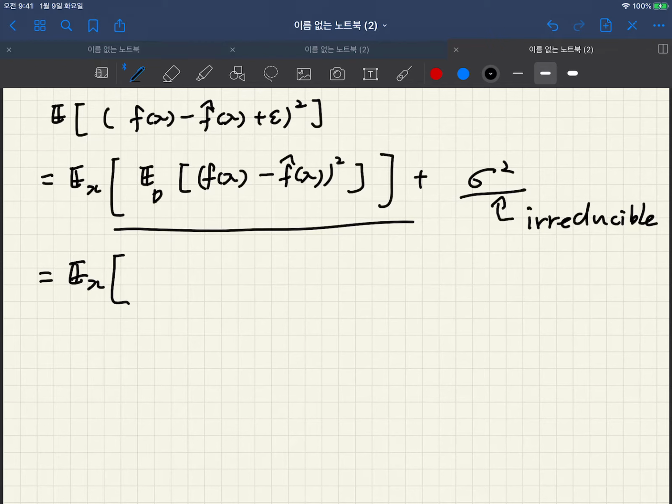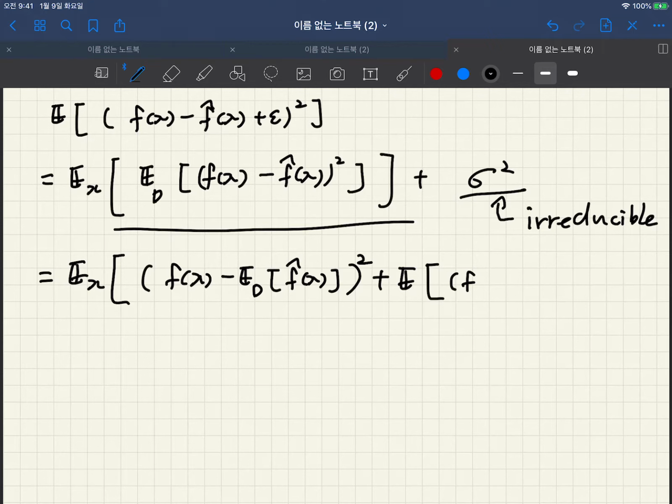This is the expectation with respect to x of (f(x) minus the expectation of f hat(x)) squared, plus the expectation of (f hat(x) minus the expectation of f hat(x)) squared, where the expectation is with respect to the training data D, plus the irreducible error.